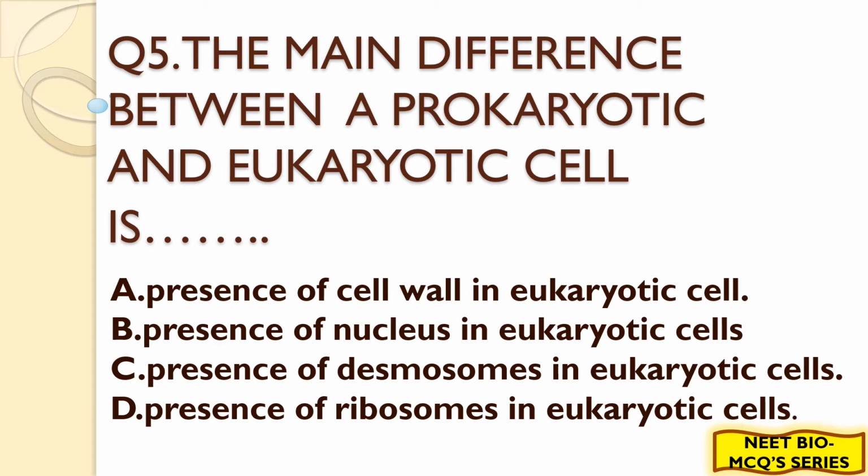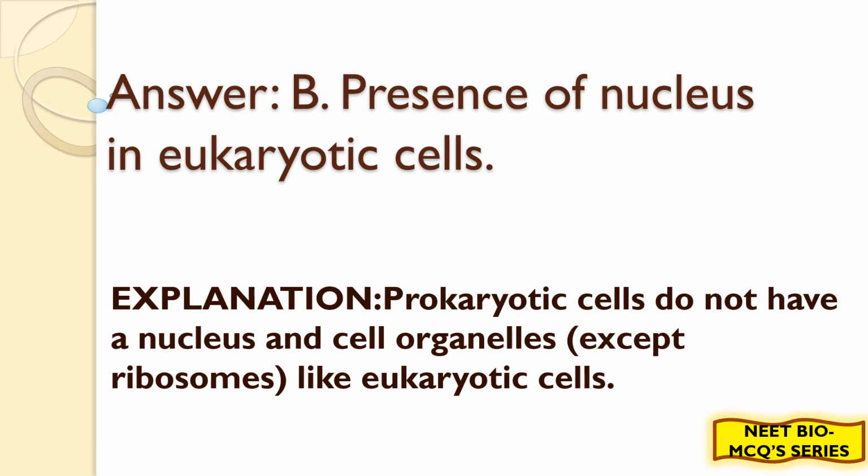The options here are A. Presence of cell wall in eukaryotic cell, B. Presence of nucleus in eukaryotic cell, C. Presence of desmosomes in eukaryotic cells, and D. Presence of ribosomes in eukaryotic cells. What differentiates prokaryotic and eukaryotic cell? The answer is B, the presence of nucleus in the eukaryotic cells.